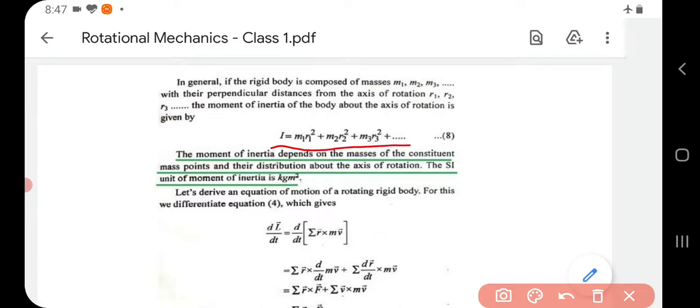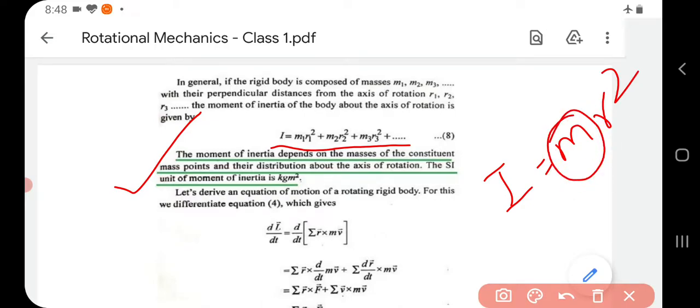I equals m1 r1 square plus m2 r2 square plus m3 r3 square, etc. Now moment of inertia depends on the mass of its constituent point masses and their distribution about the axis of rotation, right? This is also an important sentence, because I is equal to m r square, the product of the mass of the point mass and the square of its perpendicular distance from the axis of rotation.